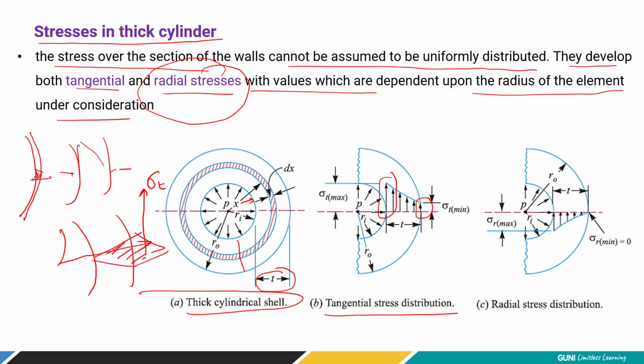Tangential, it is pulling in a vertical direction; that is called tangential stress. But simultaneously it is also expanding radially, so that is radial stress. Tangential and radial stresses are both induced in a thick cylinder. Radial stress has the maximum value in the inner portion and zero value in the outer portion. So these are the 2 types of stresses basically observed in a thick cylinder.